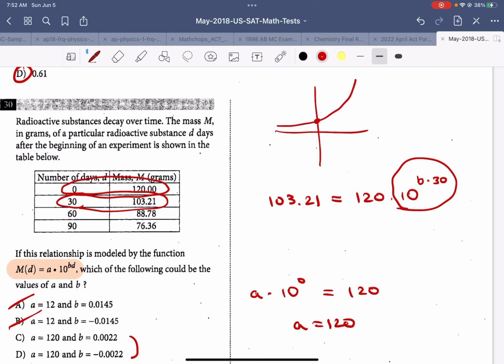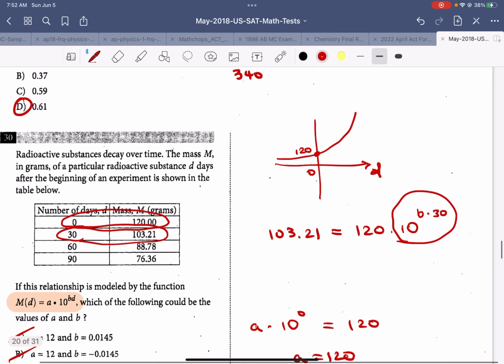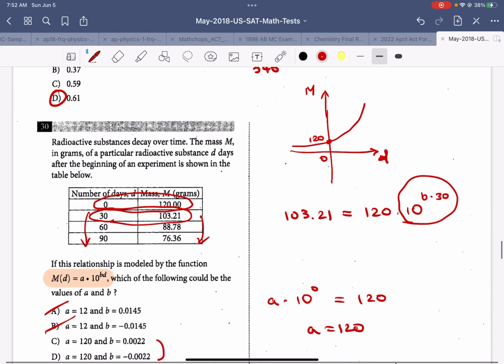So if at 0 it is 120 here, I'm going to label this one D and this one M. So initially it was 120, and then as time goes on, the value decreases, right? So it cannot be this kind of graph.